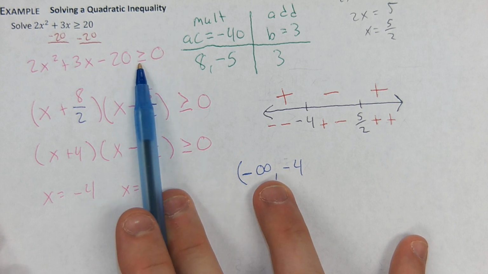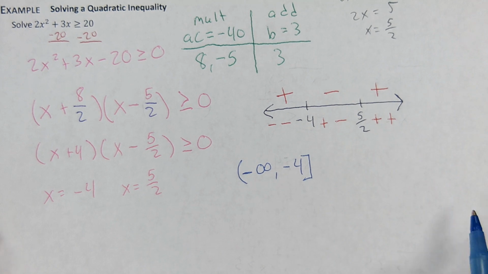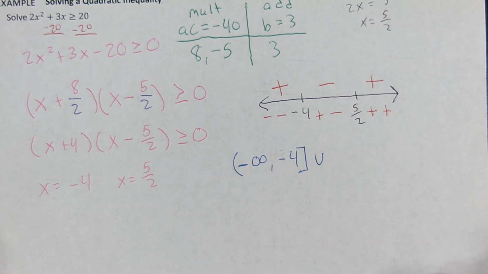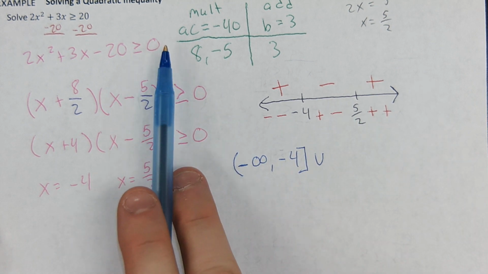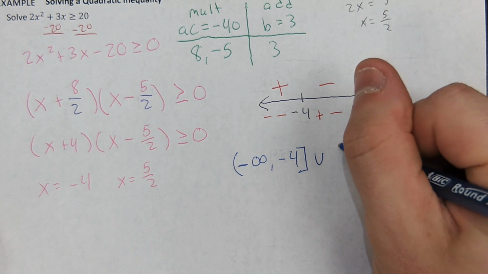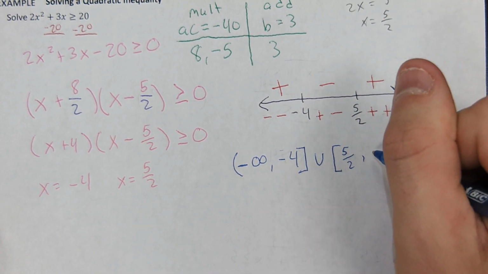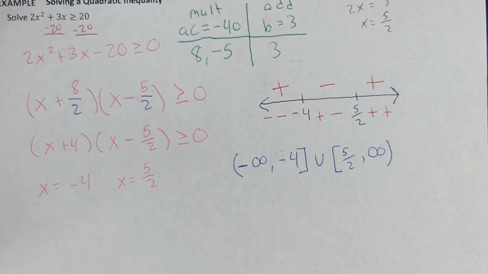So because we have an equal to bar, this -4 is included. Bracket. We will now hop over to the next set, which begins at 5/2, which is where it was equal to 0, which is a solution. So bracket your 5/2 and never stop going to the right. Positive infinity, never bracket an infinity.